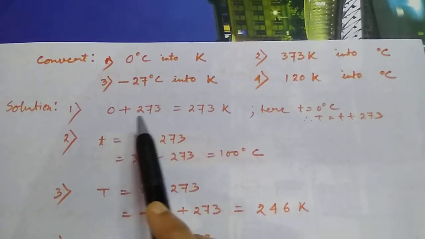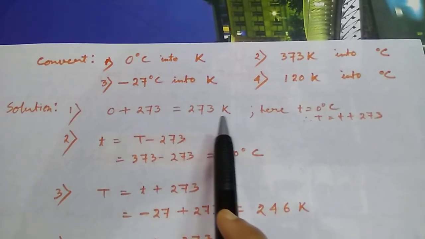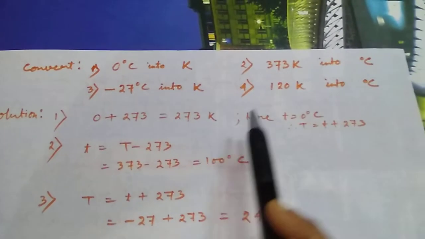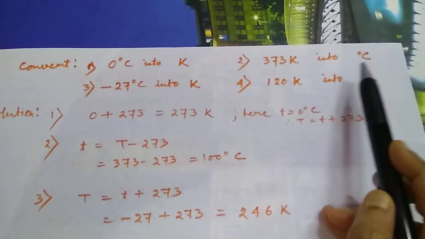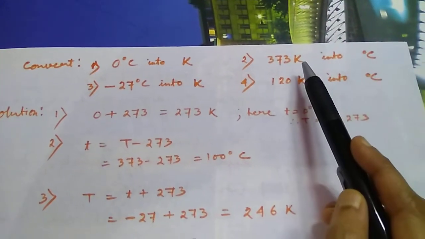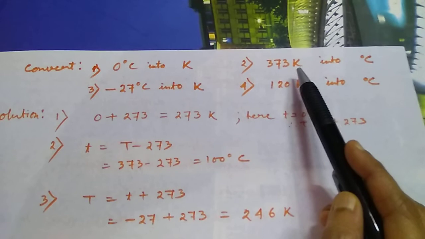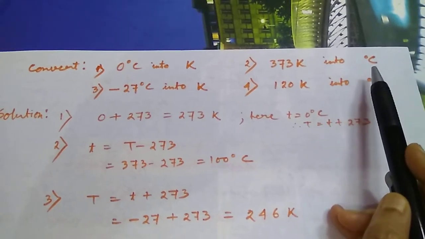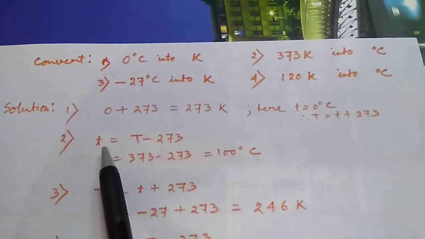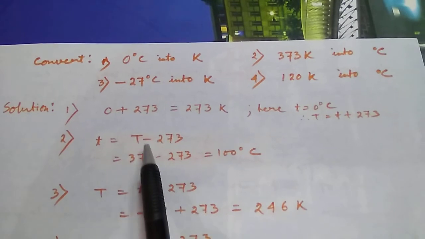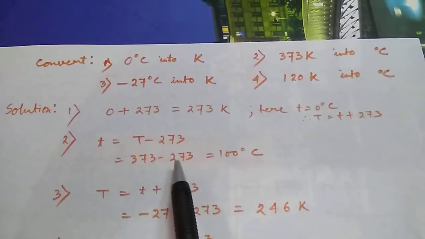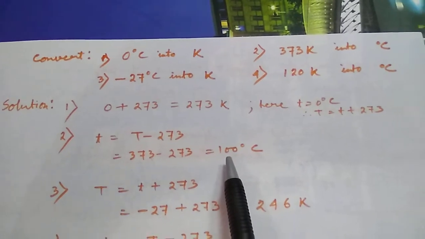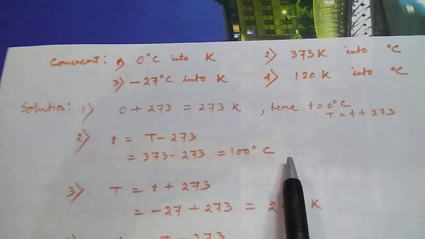That is 0 plus 273 is equal to 273 K. Next, 373 K into degree Celsius. That is, the temperature is given in Kelvin scale, and we have to convert it into degree Celsius. So the formula is small t is equal to capital T minus 273. That is 373 minus 273, 100 degrees Celsius.